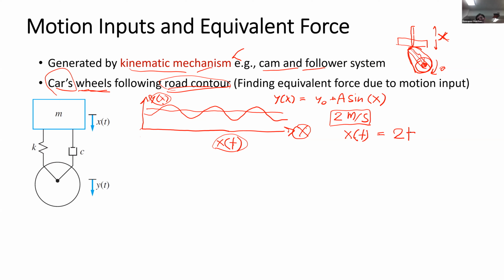So x(t) is velocity multiplied by time, and the road contour is a function of the position. So you can find the contour y(t) by substituting the function of the position into this function.